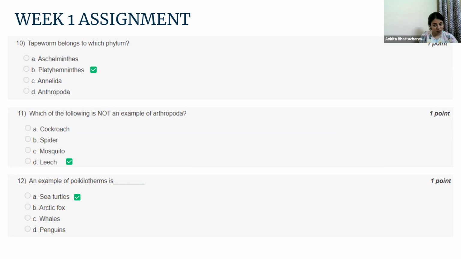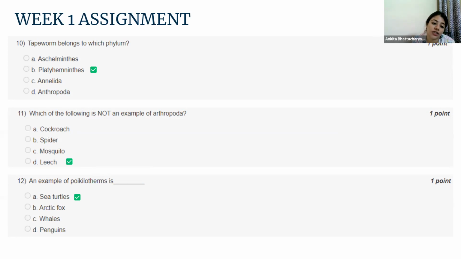Leech, on the other hand, is not. You usually think annelida. They have a segmented body with a sucker via which they attach to their host, and then they suck blood. Obviously they're parasites, so they do not really belong to the phylum Arthropoda. So that was question 11.